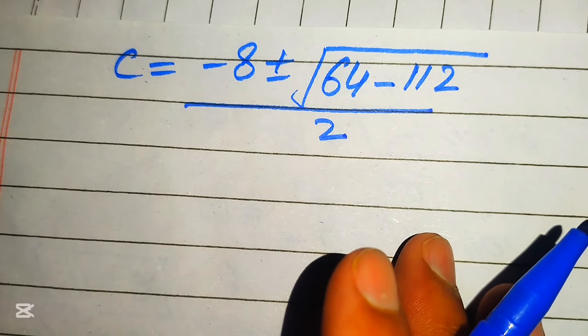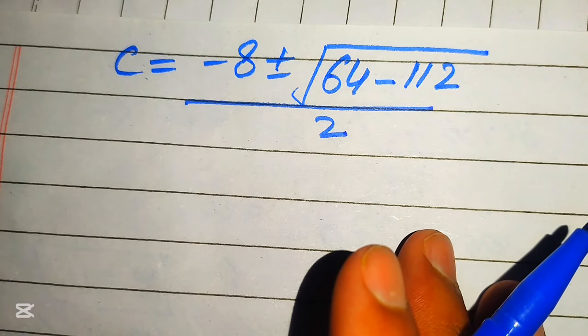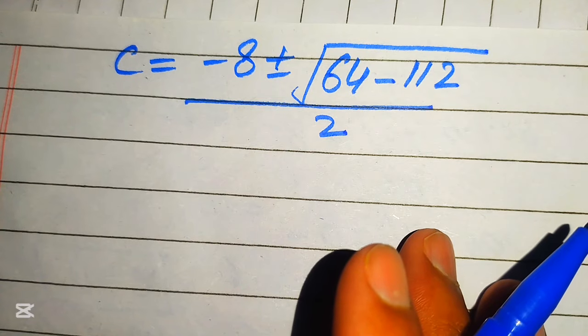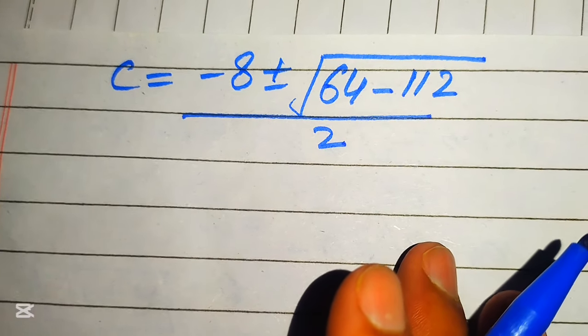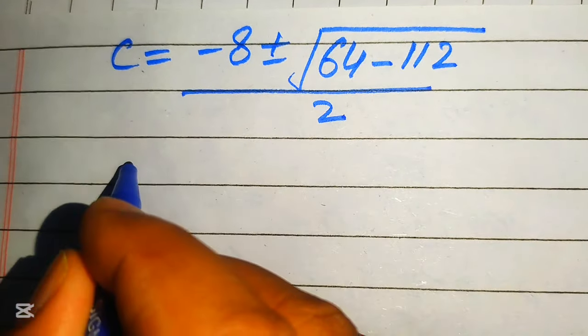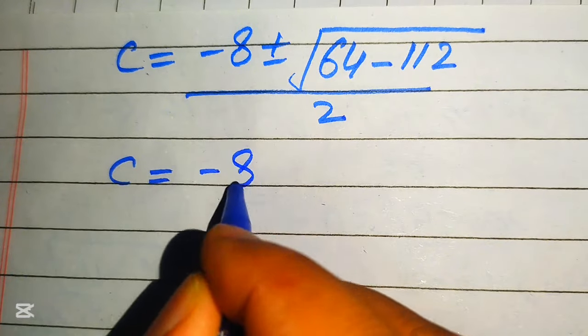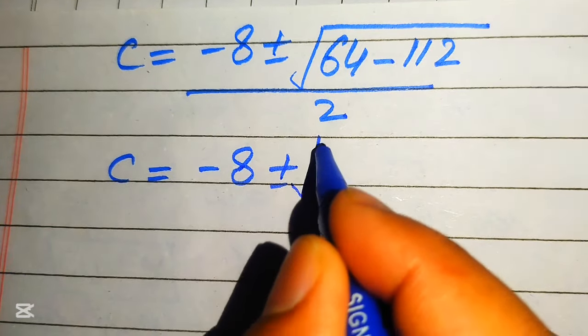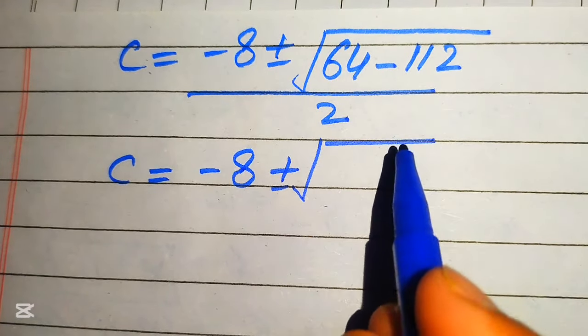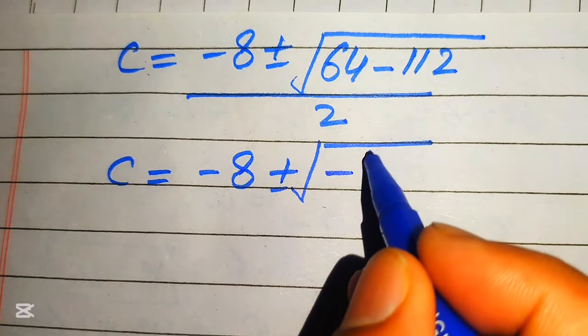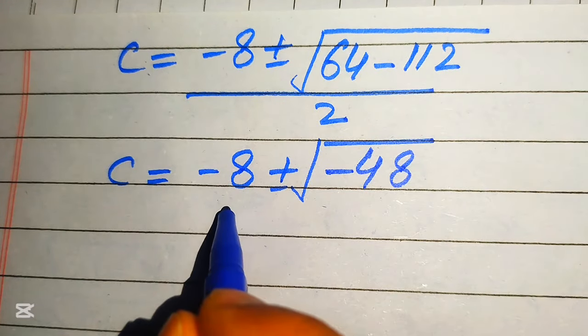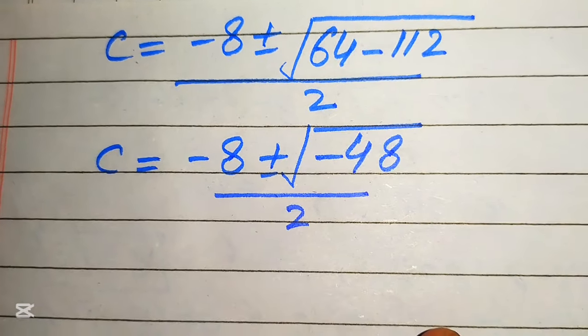So for the values of c we need more simplifications, and we have c equals minus 8 plus minus square root of 64 minus 112 equals minus 48, and it is divided by 2.